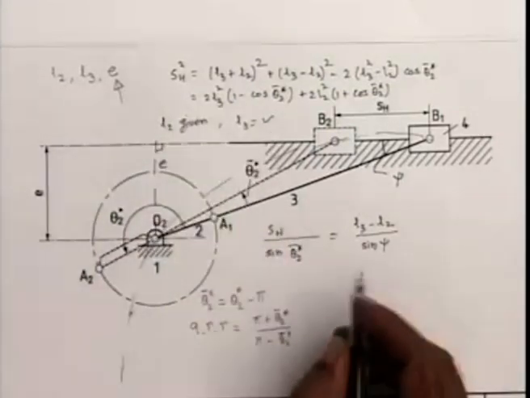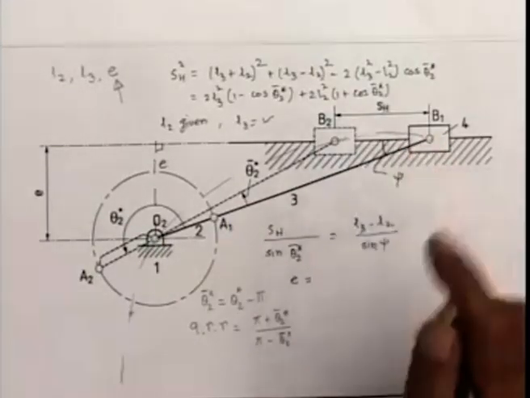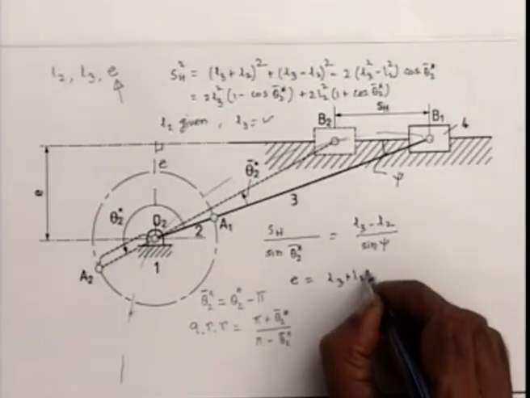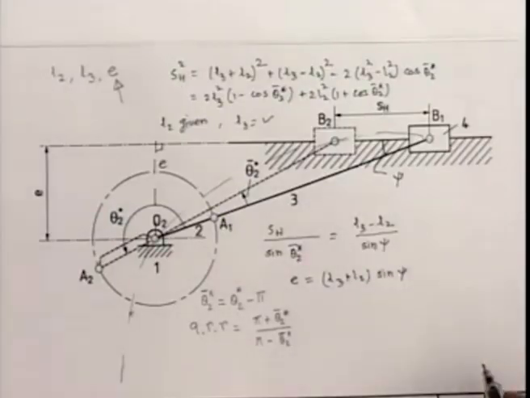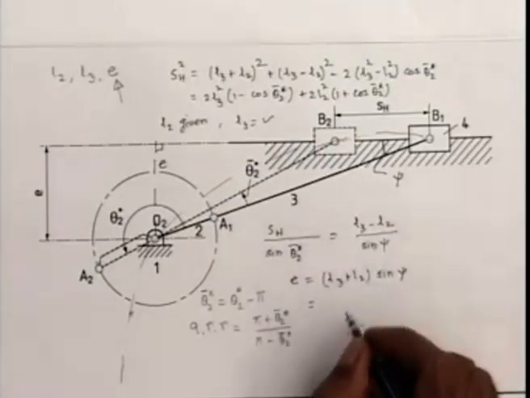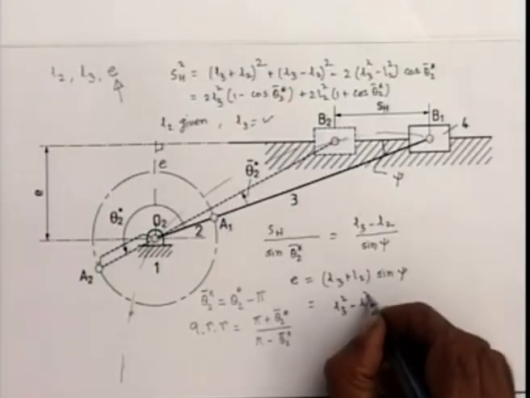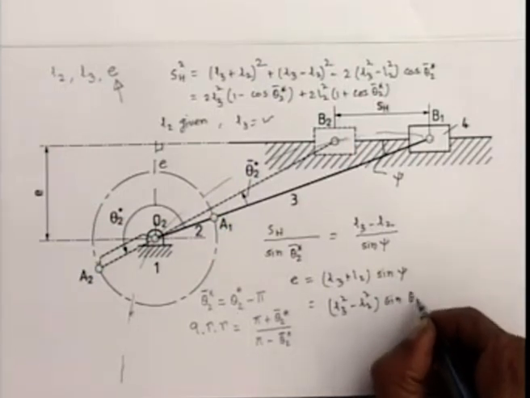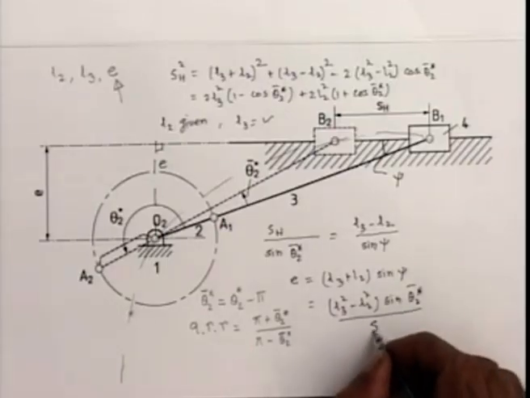And this E is nothing but O2 B1 sine psi, which is L3 plus L2 sine psi. I can easily substitute for sine psi from here, and we get L3 squared minus L2 squared into sine theta 2 star bar divided by SH.